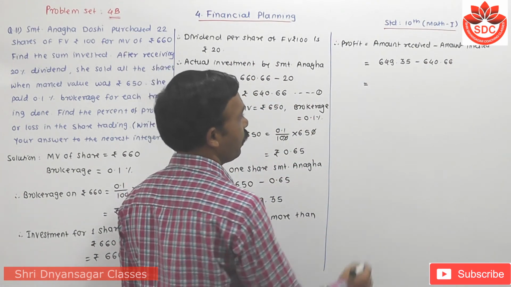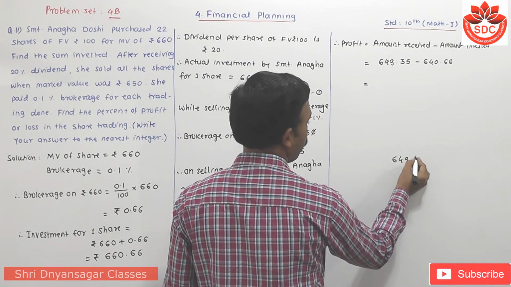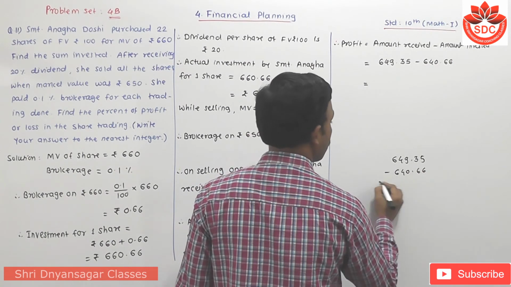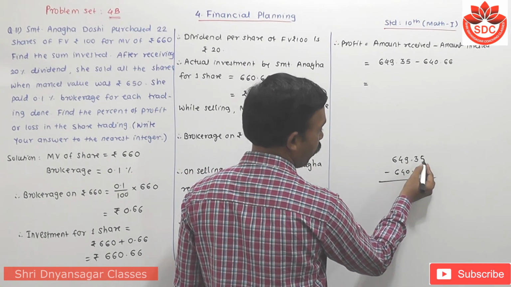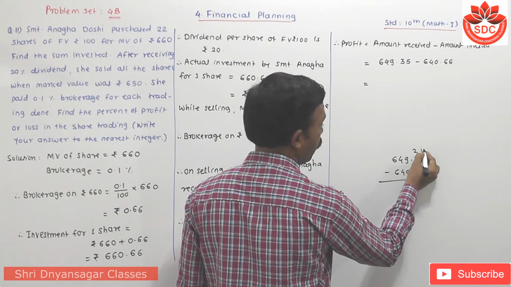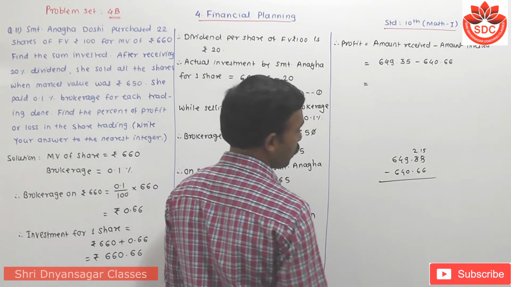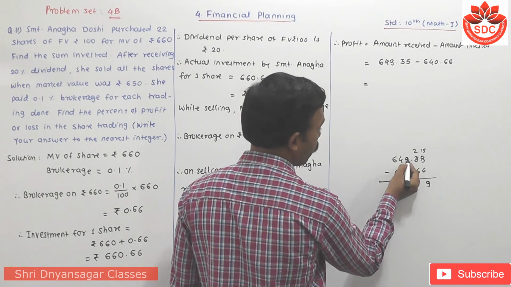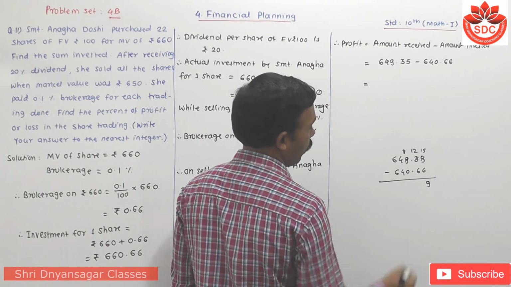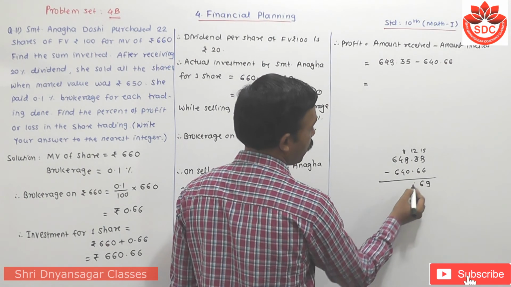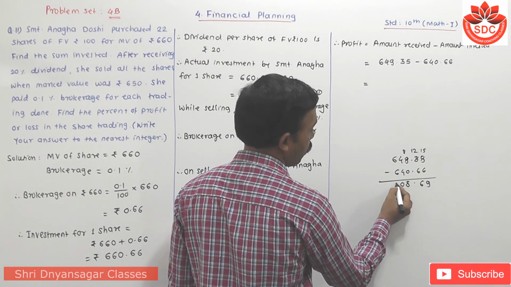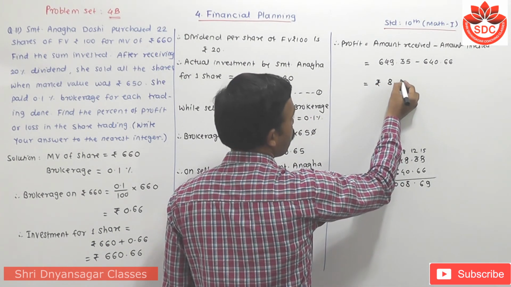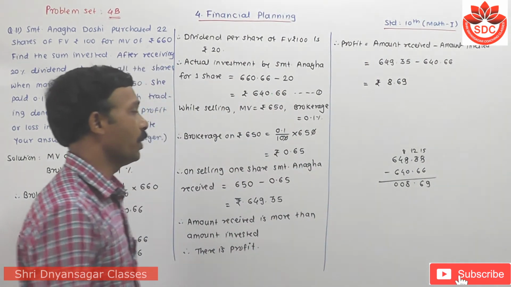Then this value again I have to take here for subtraction, 649.35 minus 640.66. We cannot subtract here, take carry from here, then it becomes 2, here is 15. 15 minus 6 becomes 9. Then again we cannot subtract, here is 8, here is 12. 12 minus 6 becomes 6 here. Decimal point as it is, 8 as it is, the 0 and 0. Means that here rupees 8.69. This is profit here.